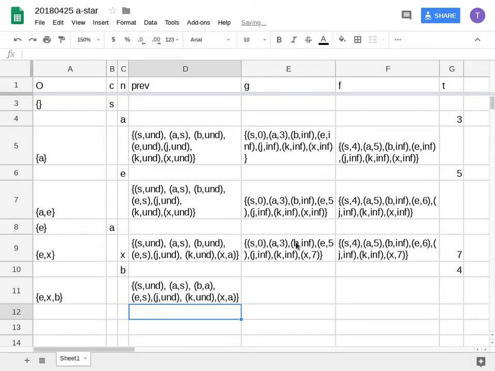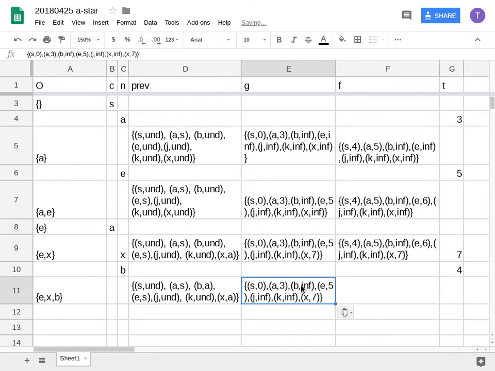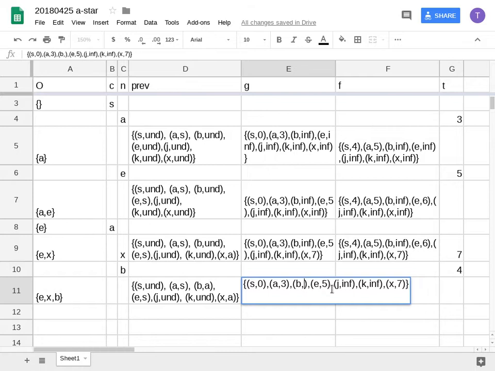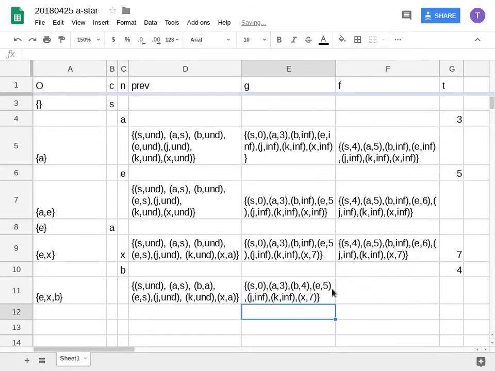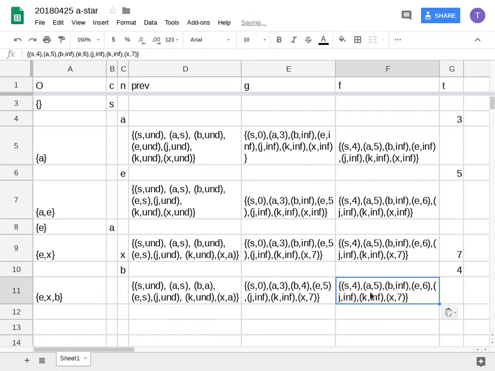Then we go to function g. We update this and we say, yep, we found a path to vertex b and it has a length of 4. And then we also update function f so that the value that b maps to is basically g of b plus the heuristic from b to x.